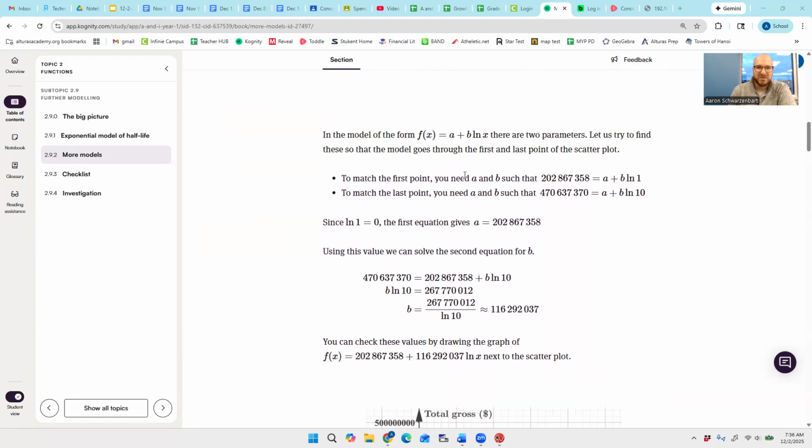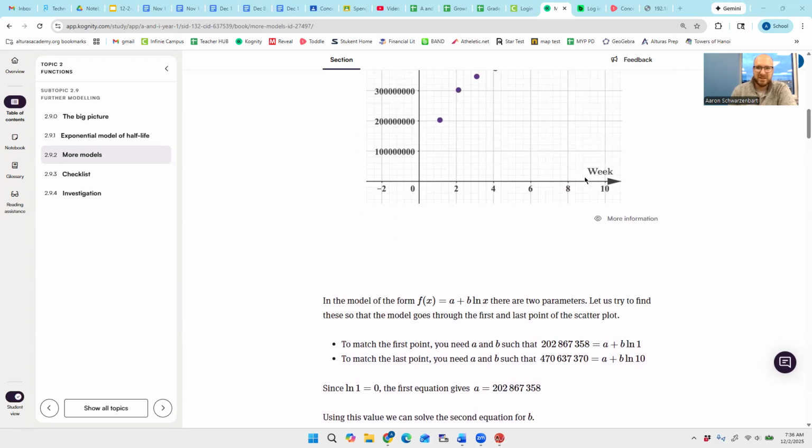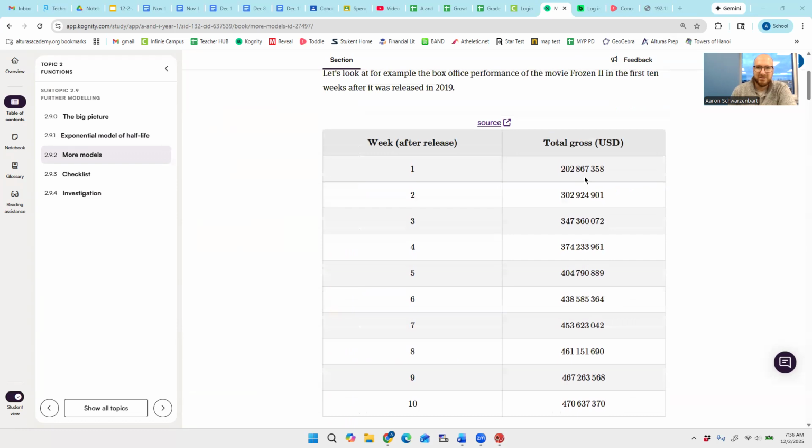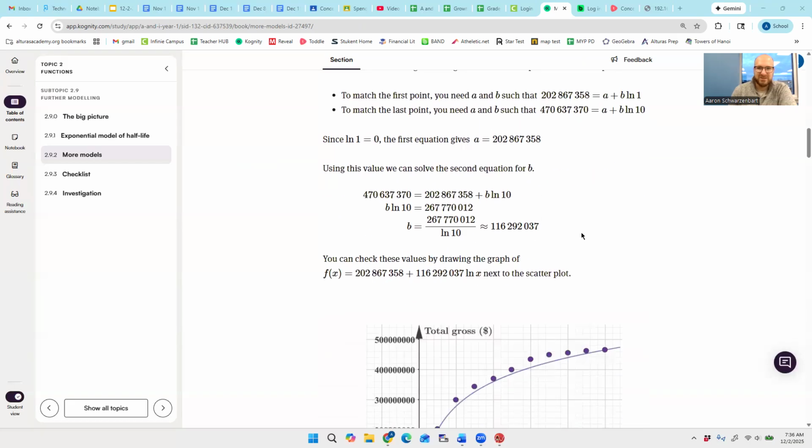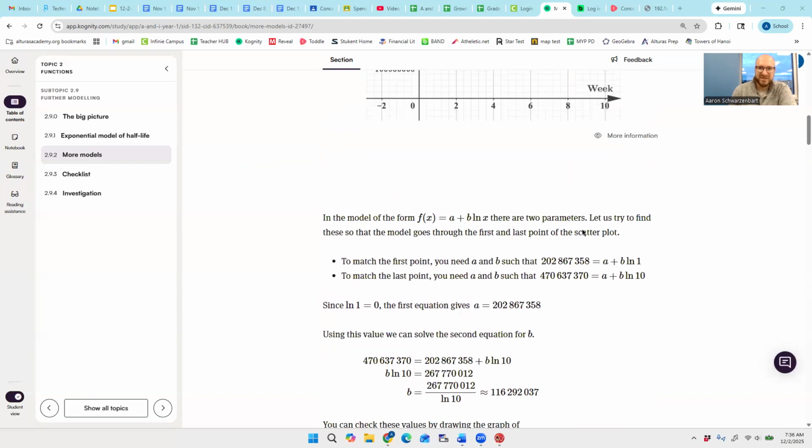So to match the first point, what they're doing is taking a plus b ln x. And when you plug in x and y, they're writing these two equations, which, when you have a set of equations like that, we can make into a system.